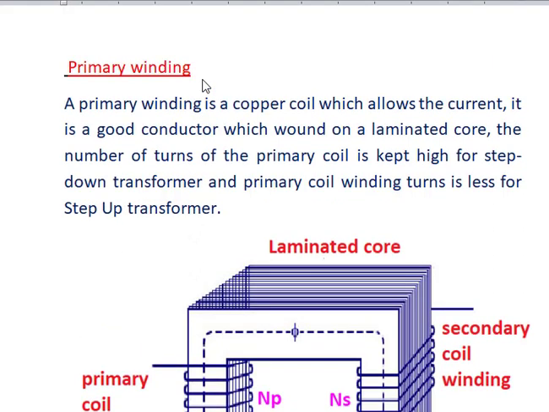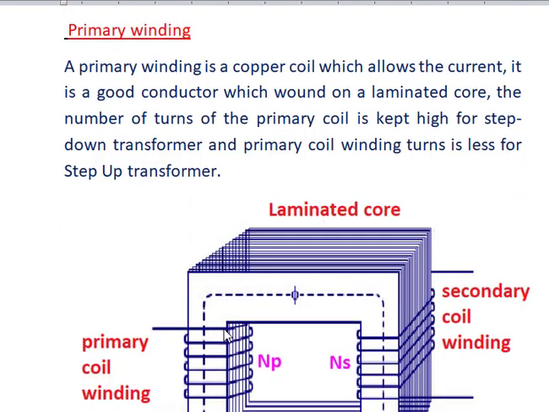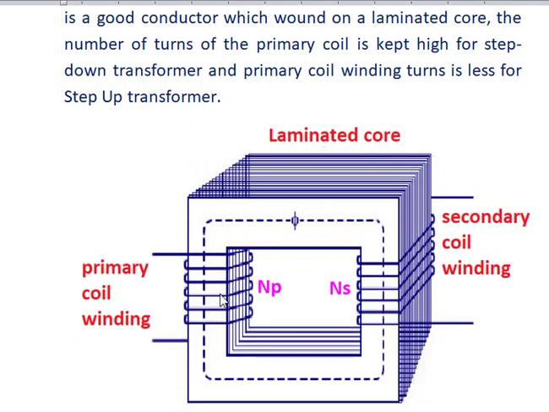The primary winding is made up of a copper coil. It allows the voltage and current. The copper coil is a good conductor which is wound on a laminated core. The number of turns of the primary coil is kept high when compared to the secondary coil winding in the case of a step down transformer.